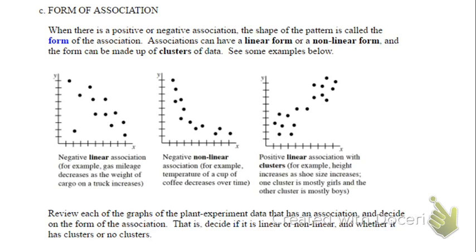We did seem to have a nice line forming right here, but this one dot is just outside of what the rest of the dots are doing. That is what we call an outlier.